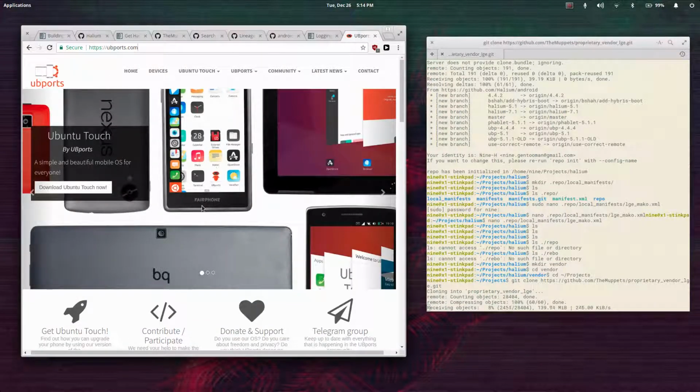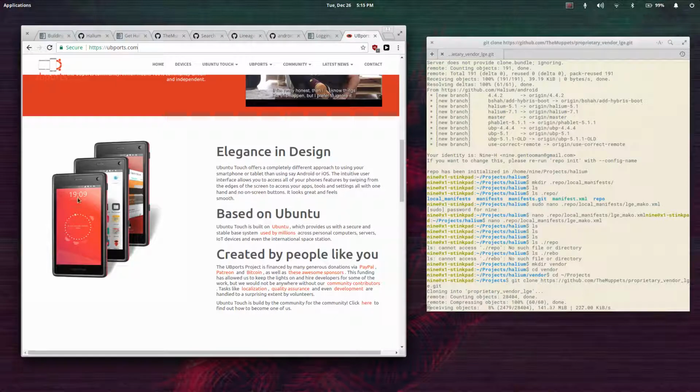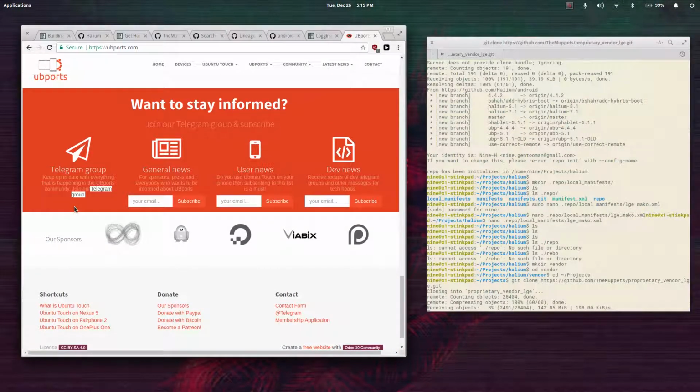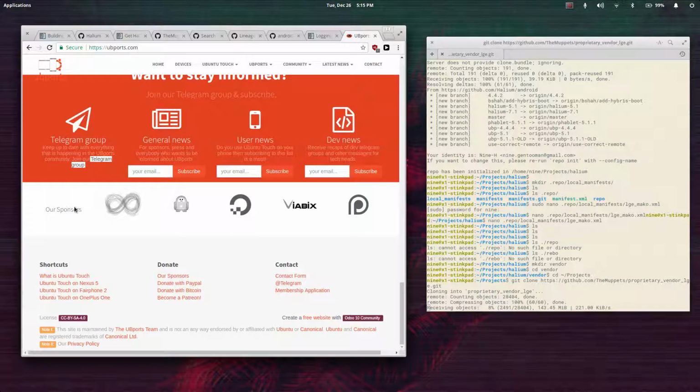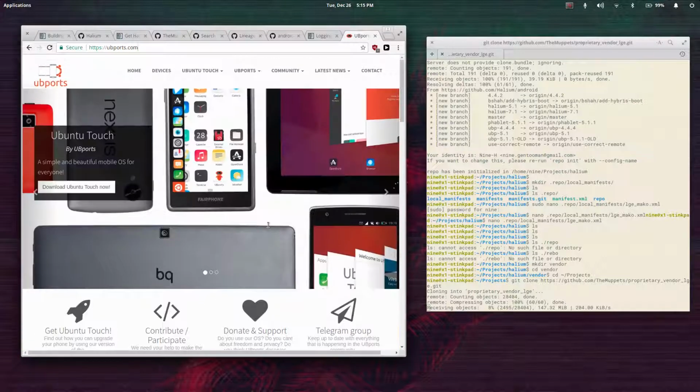UB ports. These guys are using Unity 7, I think, which is a Qt interface that Ubuntu developed and then decided to shit can, essentially because they weren't in a market position like Apple or Android, and it was looking like they couldn't even take the low-end smartphone market, which I guess they wanted, because being a custom ROM company after CyanogenMod tanked is not a great place to be.